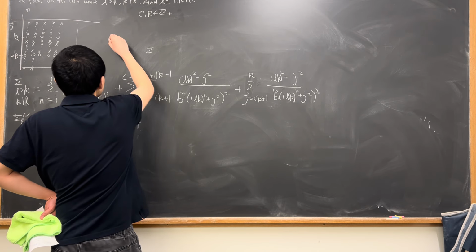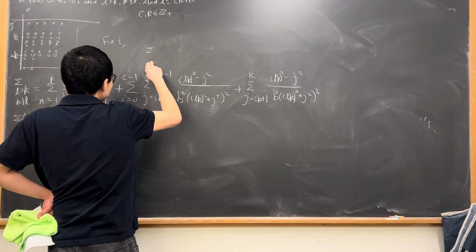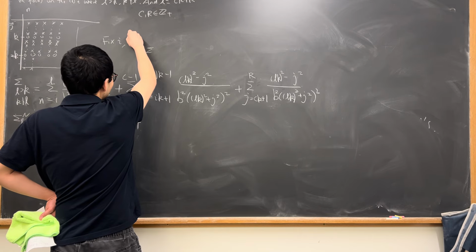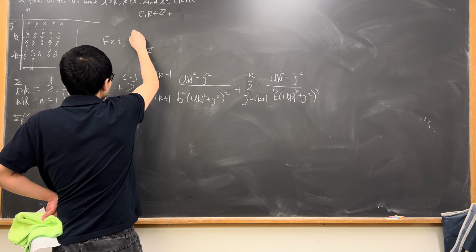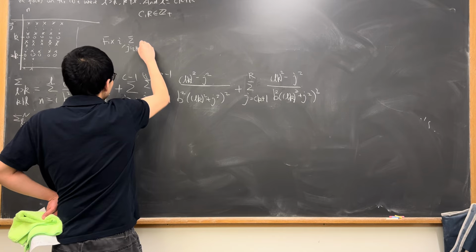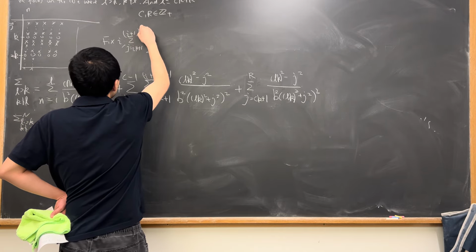So if you fix the I, the sum over the I is given by I plus 1 k minus 1.